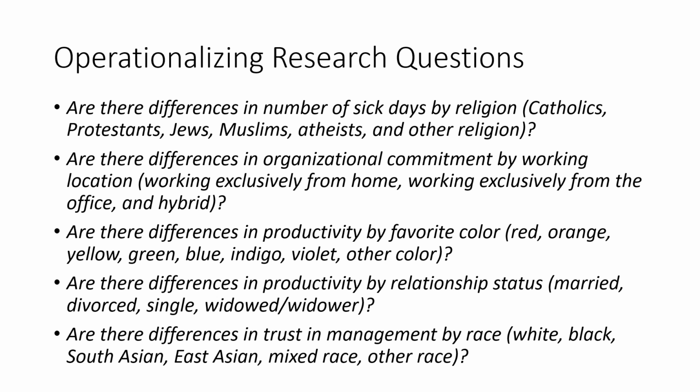So you've got an independent variable here, which would be religion, and a dependent variable, which would be the number of sick days. And our categories in our independent variable are Catholics, Protestants, Jews, Muslims, atheists, and other religions. Essentially what we're looking at is, does the number of sick days differ across these categories?